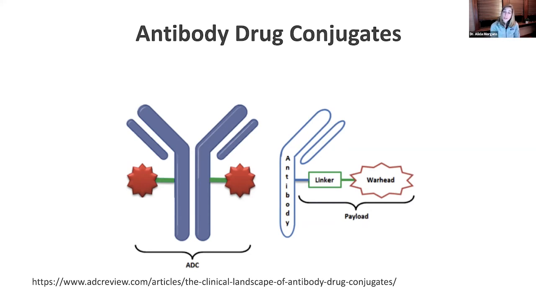Then the antibody drug conjugate has a linker, which is basically just a connector to what they call, on this particular diagram, a warhead, which is essentially the treatment, the thing that will kill the cancer cell. And it's indicated by that red warhead or that red floret on this picture.